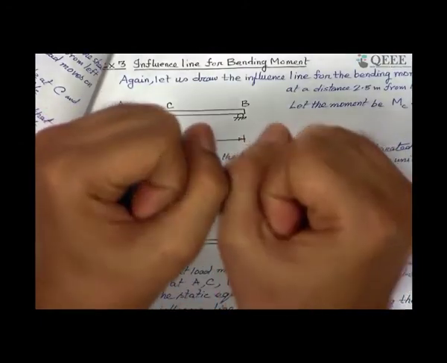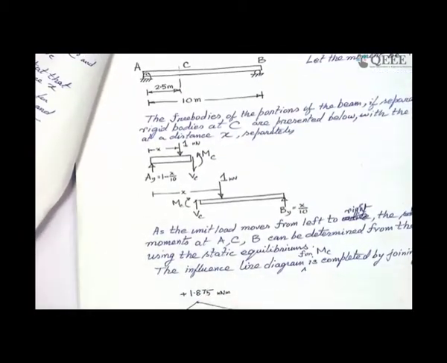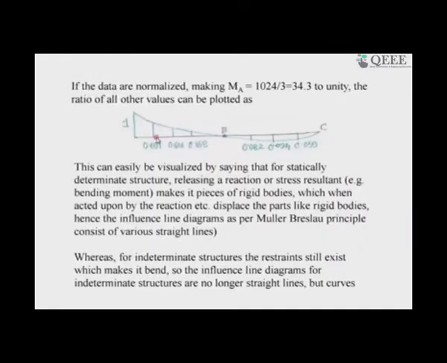Two rigid bodies are moving. Now, coming to our slides, here there are no two rigid bodies. It is still a deformable body, which is acted upon by a single force.